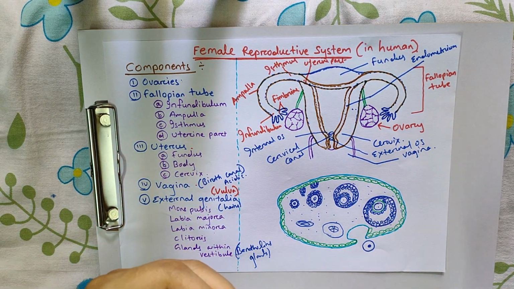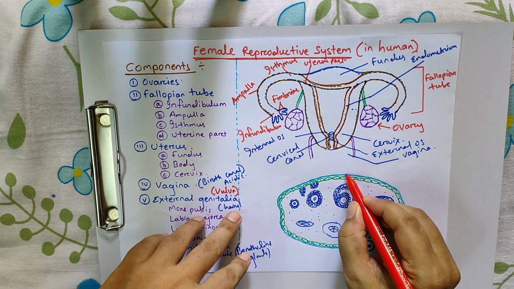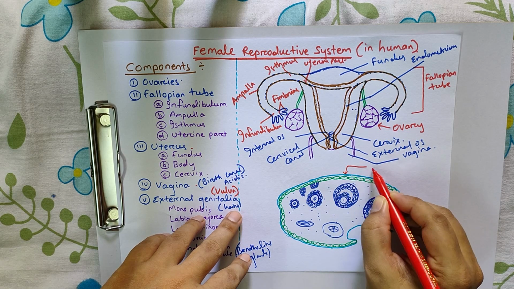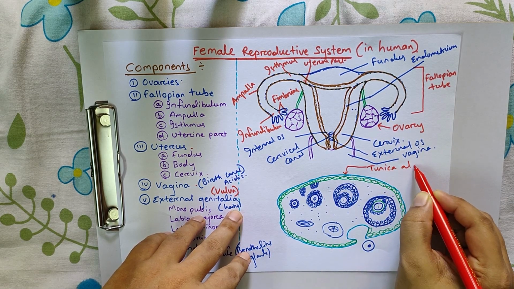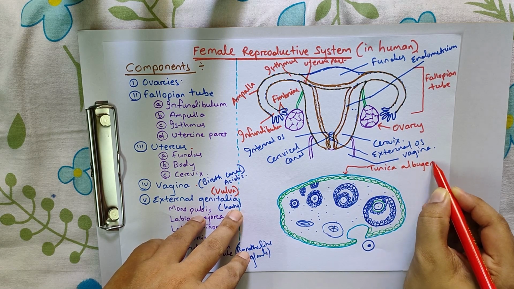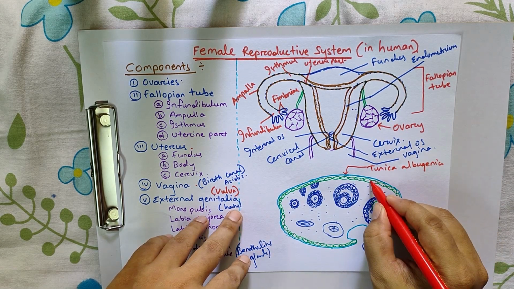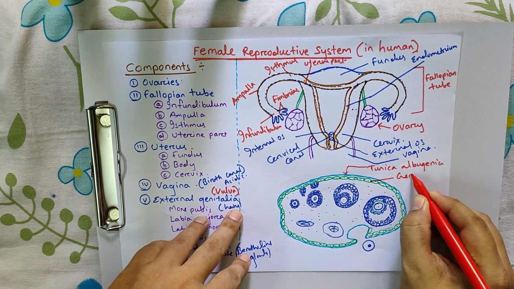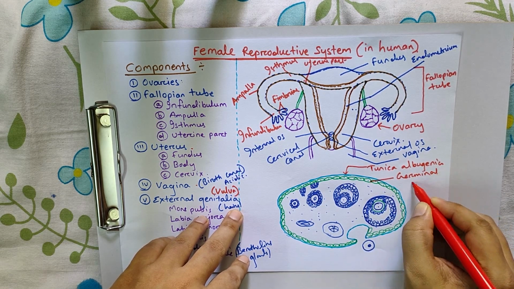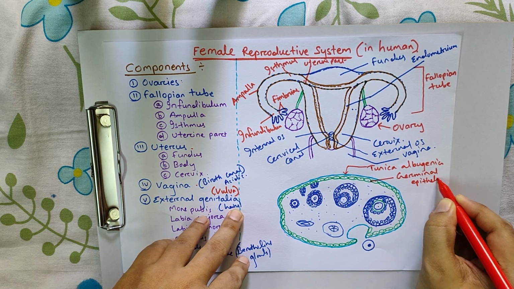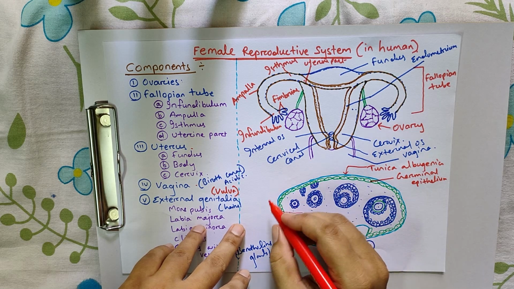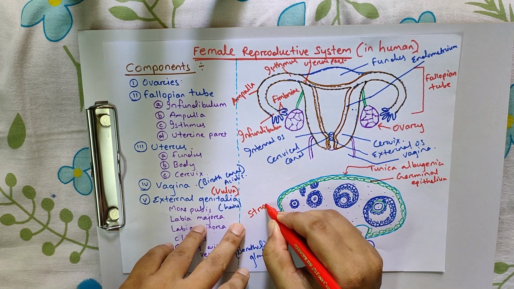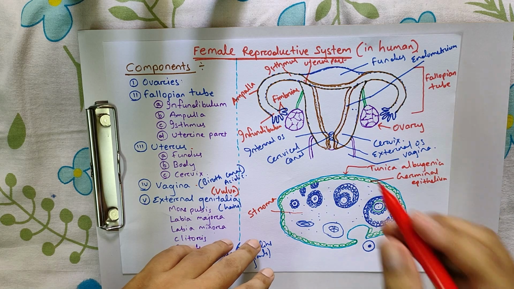Its outermost layer is the tunica albuginea, then the germinal epithelium, and the fluid present within it is called the stroma or ovarian stroma.